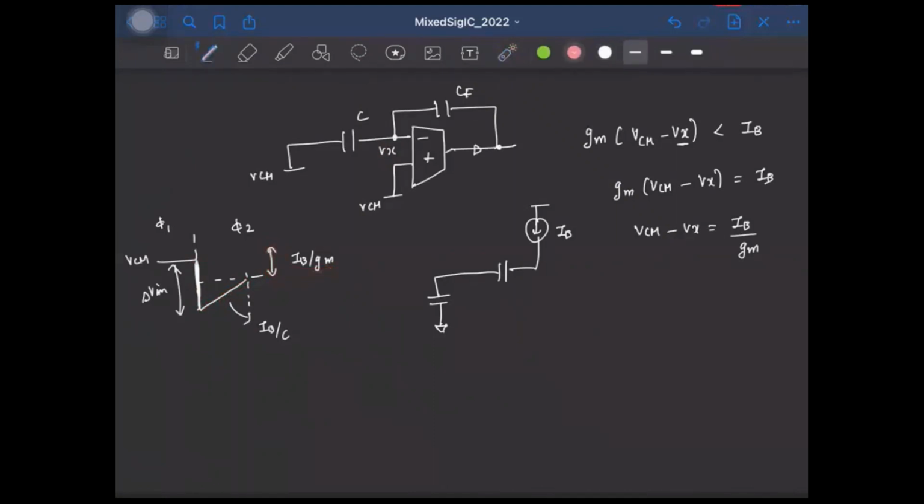But if the voltage was smaller, it might have jumped to this point, and it will again rise linearly with the same slope. So slewing will stop at this point itself.